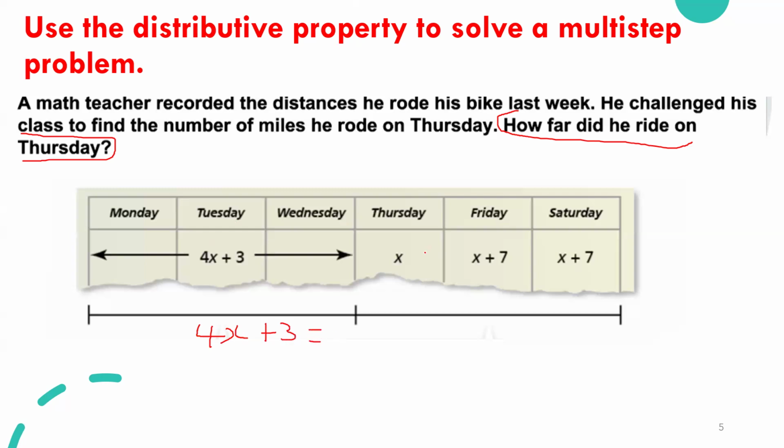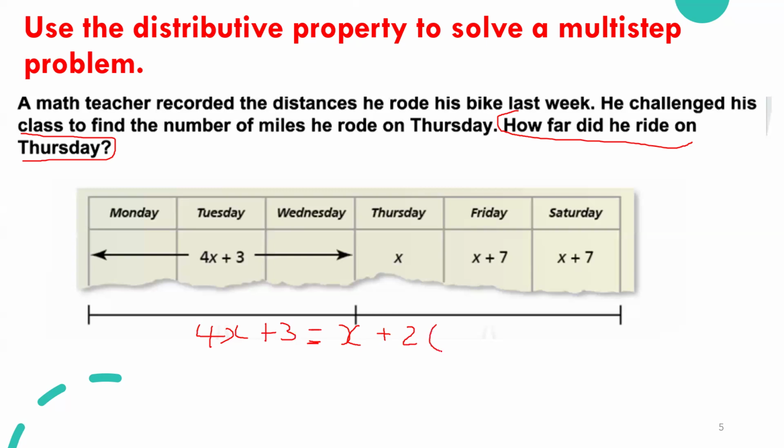All right, so for the distance on Thursday, Friday, and Saturday, we have two ways we can write it. Either we can write x plus 7 plus x plus 7, or we can use factorization to write that part. So we're going to use factorization where we have 2, because we have two x's, right?